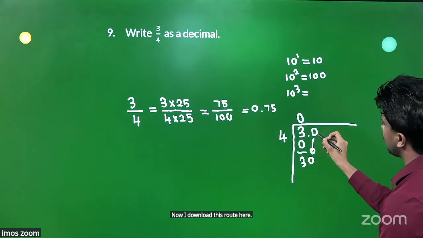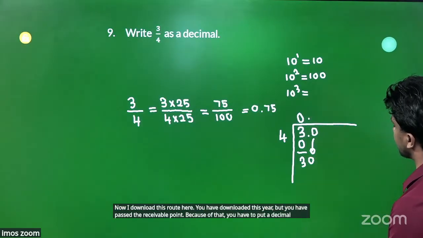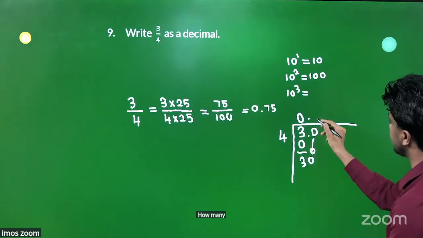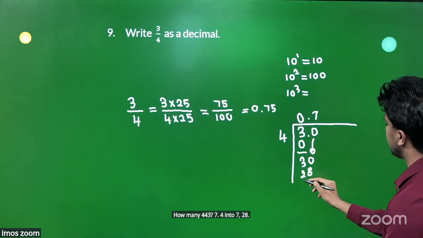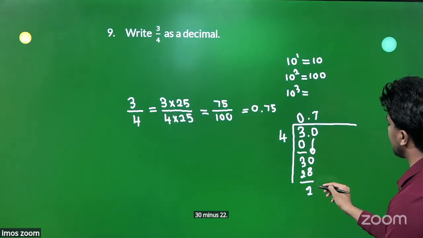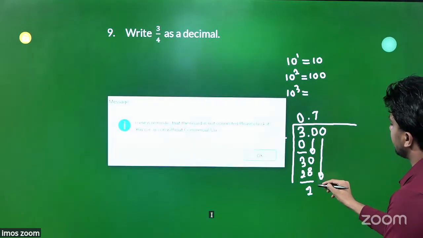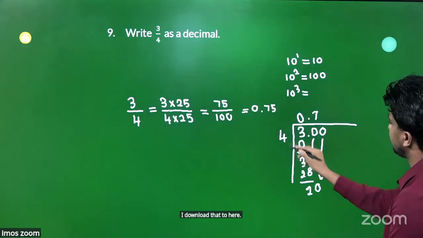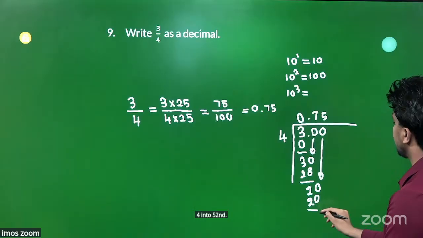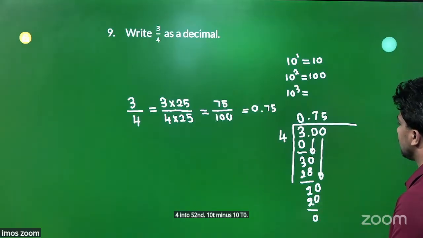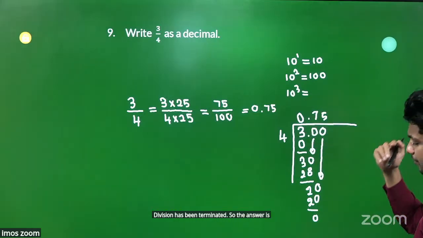Since you have passed the decimal point, you have to put a decimal point here. How many 4s for 30? 7. 4 sevens are 28. 30 minus 28, 2. Now I need to bring down the next digit. I can put a 0 and bring that down. How many 4s for 20? 5. 4 fives are 20. 20 minus 20, 0. The division has terminated. So the answer is 0.75.